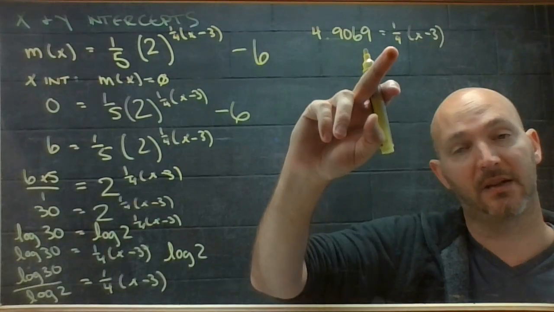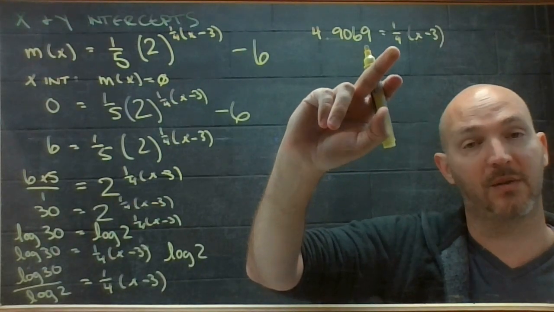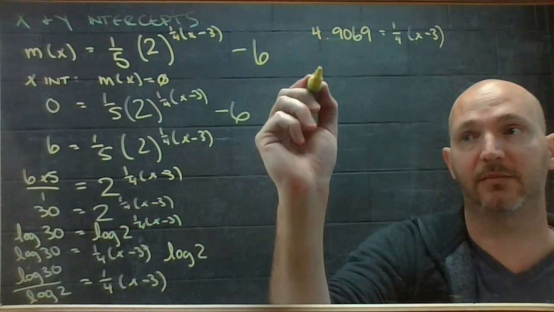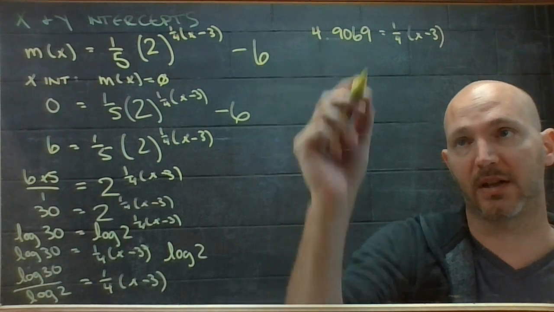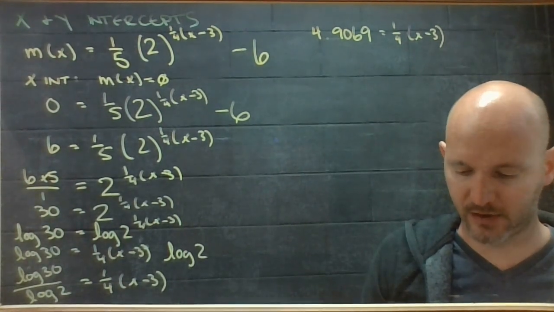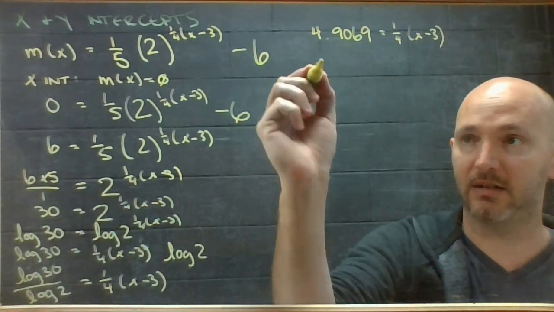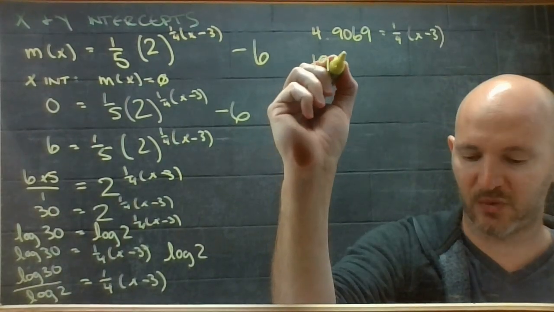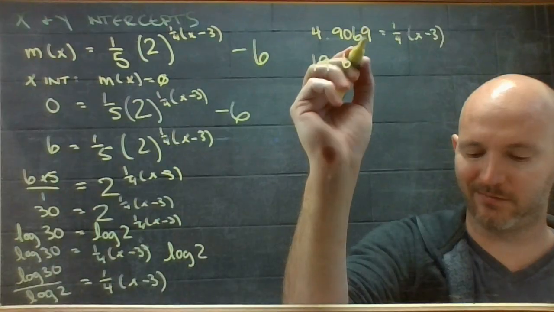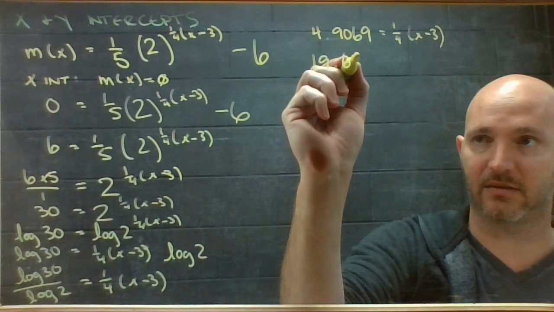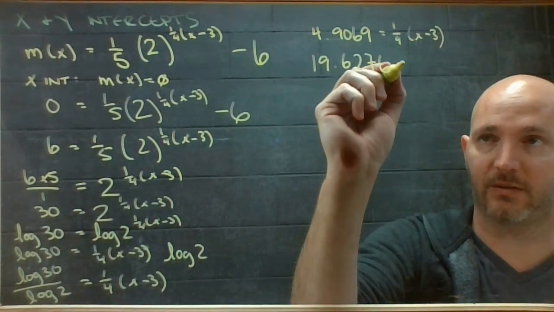So I'm being instructed to divide by 4 here. So I break that by multiplying by 4. 4.9069 times 4 gives me 19.6276 if I round.